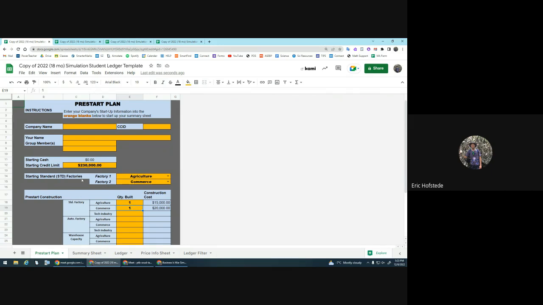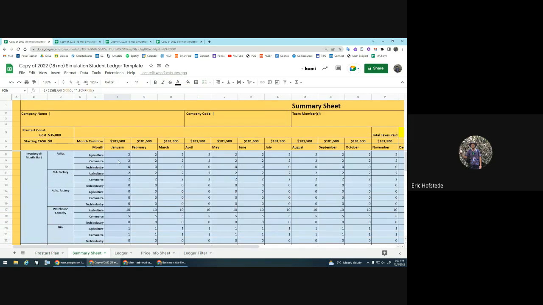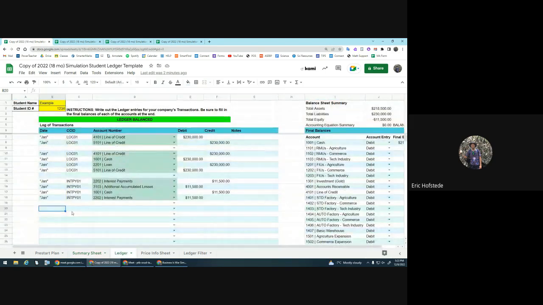So I'm going to build or be given a free agriculture factory, along with 2 free agriculture RMUs and 1 free agriculture FIU. And as soon as you select these in the pre-start plan, it will populate your summary sheet with those as well.